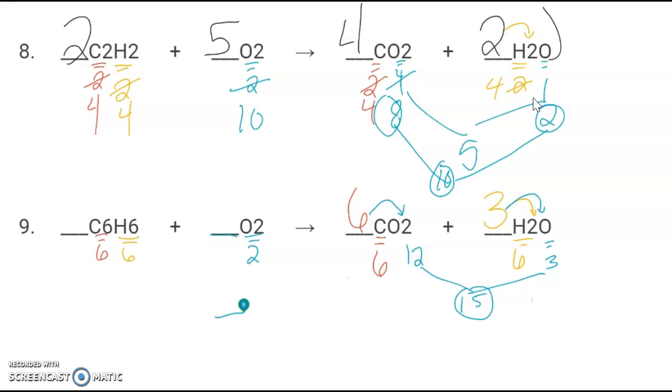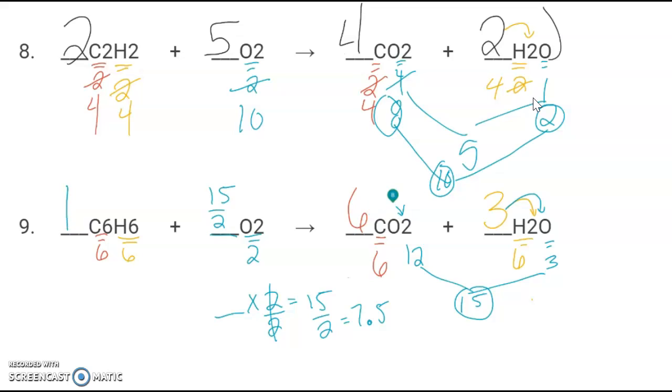So what times 2 is going to give me 15? Same as the other ones, we're going to divide by 2. So we'll get either 15 over 2 or 7.5. Same thing, just fraction versus decimal. If we have 15 over 2, since our carbon and hydrogen are balanced, that's just going to be a 1.